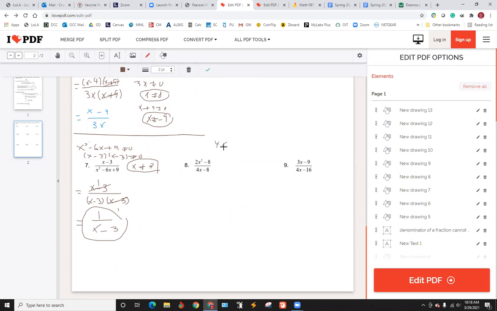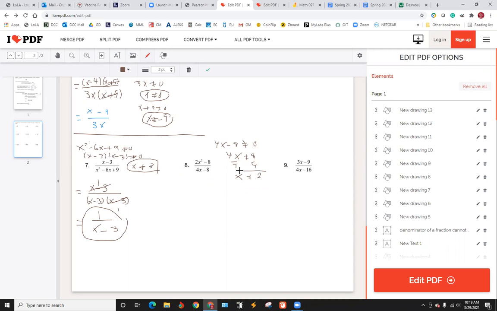The first part being 4x minus 8 can't be equal to 0. So when we solve it, x can't be equal to 2, because if you got 2 times 4, you got 8. 8 minus 8 is 0.